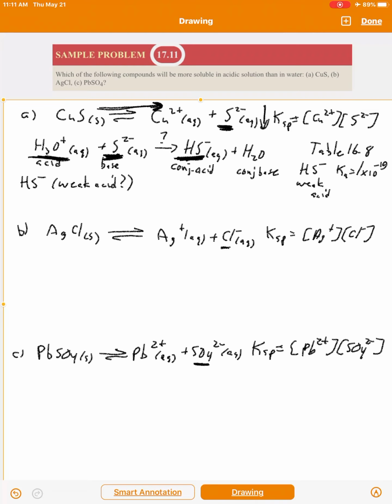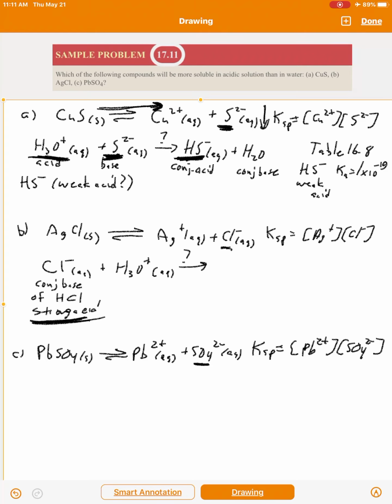AgCl. If we make it acidic, the question is, will chloride react with hydronium? And the answer is no. This is the conjugate base not of a weak acid but of HCl, which is a strong acid.